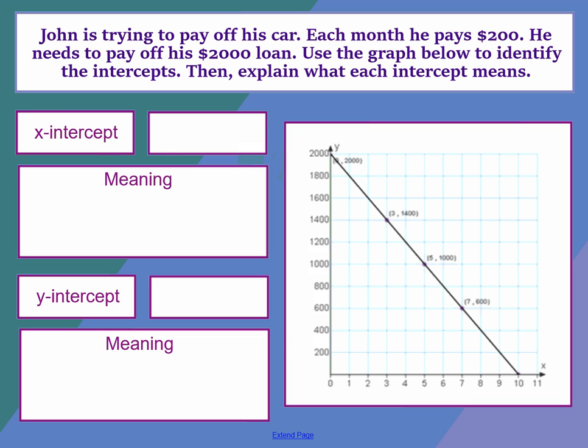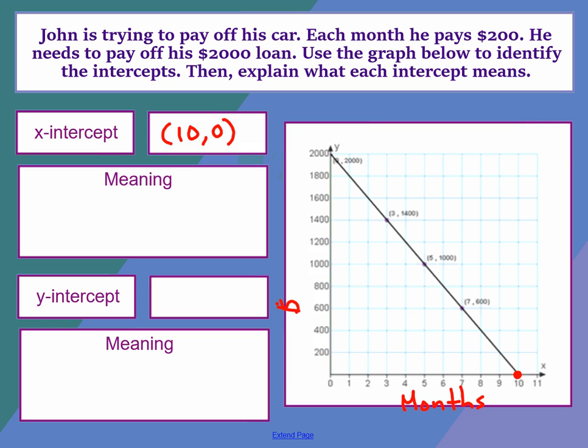So the first thing I'm going to look at here is I want to figure out the x-intercept, which is right here. And that point is 10, 0. In this case, the meaning of that would be that after 10 months, because this is months, John is going to owe $0 because this is money.